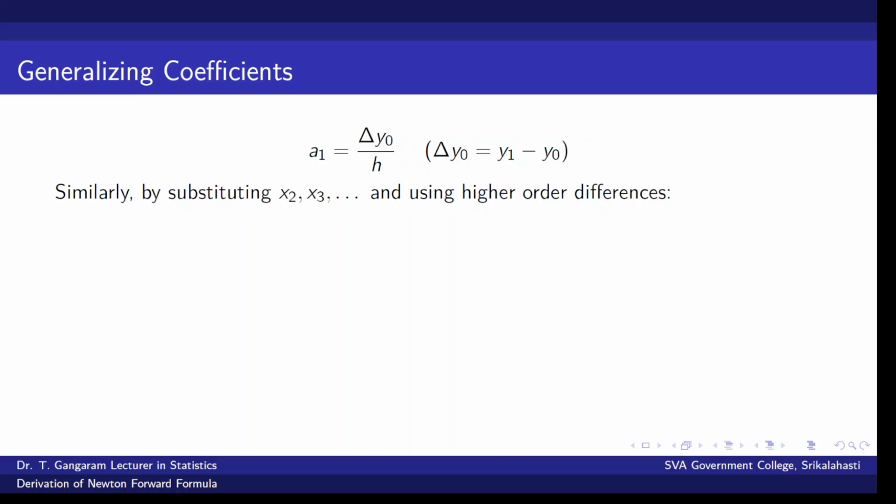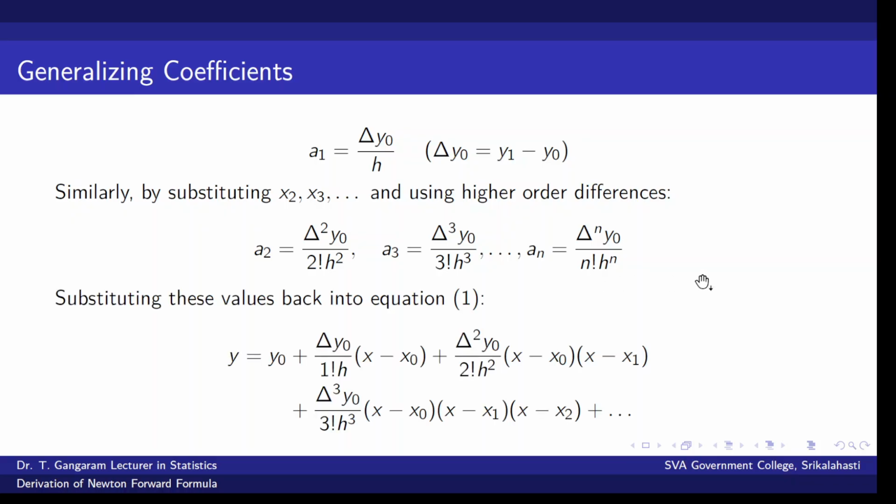Similarly, by substituting x2, x3 and so on using higher order differences, we can find the coefficients a2 as delta square y0 by 2 factorial into h square, a3 is equal to delta cube y0 by 3 factorial into h cube, so on. An is equal to delta power n y0 by n factorial into h power n.